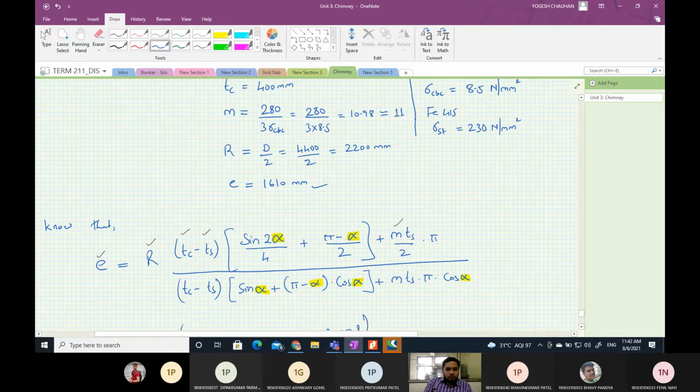Now we know this formula. Eccentricity is equal to R times [(Tc minus Ts) sine 2 alpha by 4 plus (pi minus alpha) by 2 plus m times Ts by 2 times pi] whole divided by [(Tc minus Ts) sine alpha plus (pi minus alpha) cos alpha plus m Ts pi cos alpha].